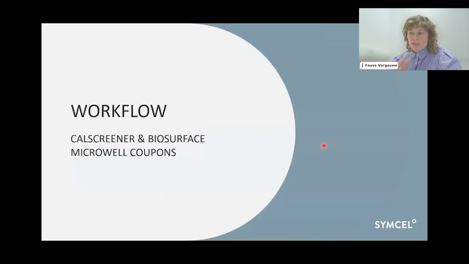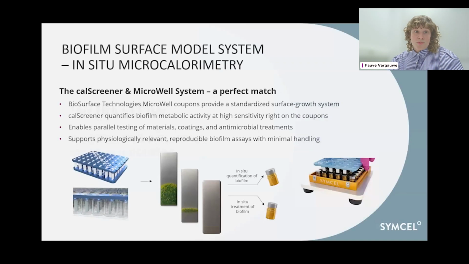But let me now explain how we can actually integrate this with the microbial system. So the microbial system and the calScreener really complement each other perfectly for studying surface-attached biofilms. As Stephen just explained to you very beautifully, the microbial system provides this really standardized platform to grow biofilm on coupons made of a lot of relevant materials rather than on plastic microtiter plates.